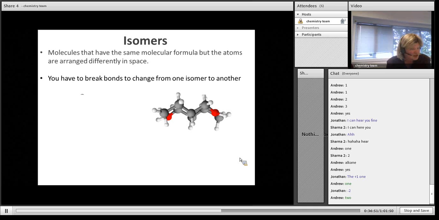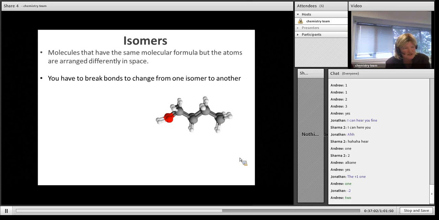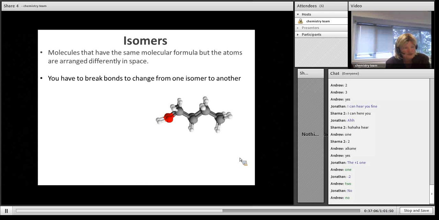If I place it on top of each other, it looks as though they're different, but if I flip it around, can you see it's exactly the same molecule? Are those 2 things isomers or not? No, because they're totally superimposable. They're exactly the same. And one way of working out whether you've got the same molecule or not is to write the name out. And in both cases, it's butan-1-ol.